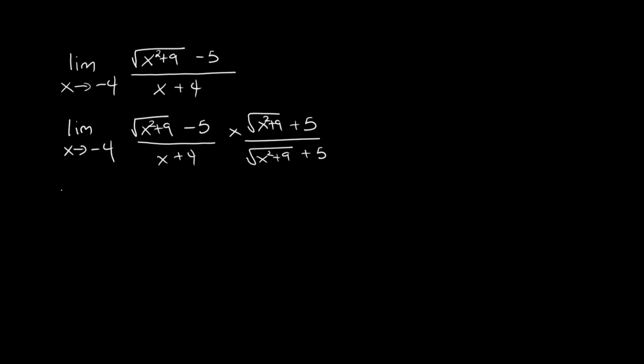And so this becomes the limit as x approaches -4. Now the square root of x squared plus 9 multiplied by the square root of x squared plus 9 becomes x squared plus 9. Now the square root of x squared plus 9 multiplied by 5 becomes 5 root x squared plus 9, minus 5 root x squared plus 9.